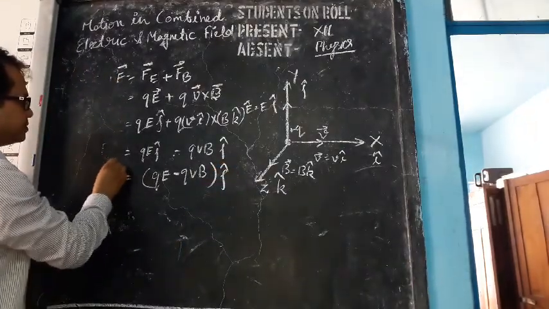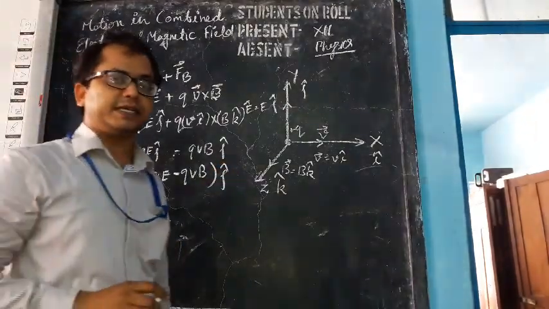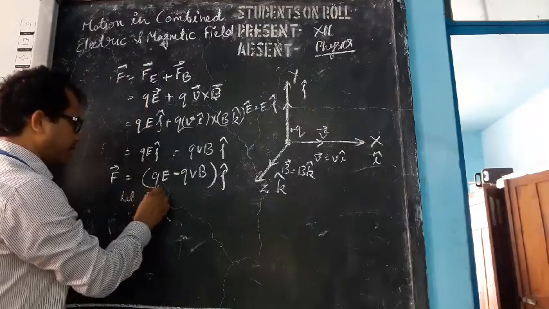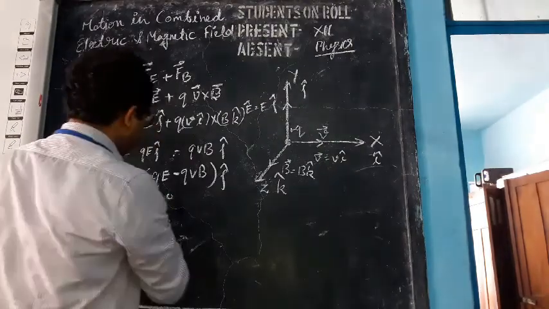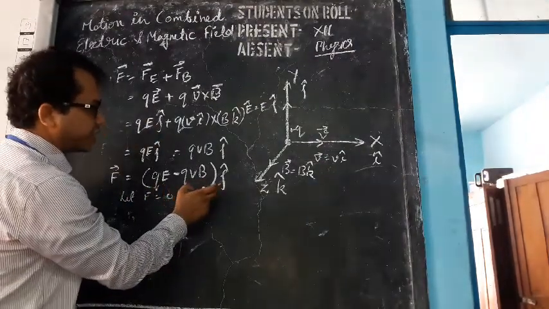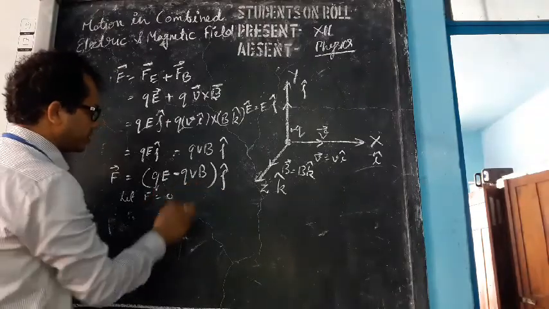F. So we will take one special condition: let us suppose that F is equal to 0. Now since F is equal to 0, this term should also be equal to 0. Since j cannot be 0, the quantity in the bracket should be equal to 0.